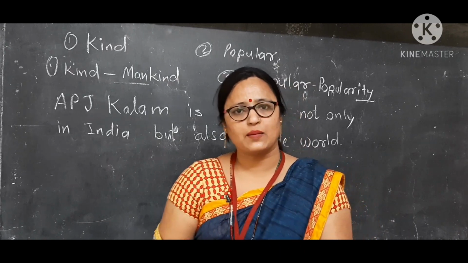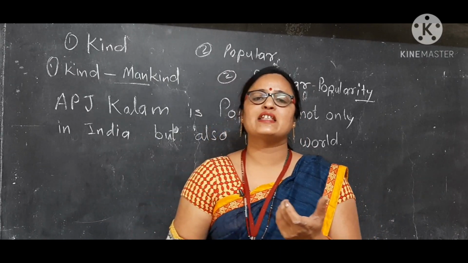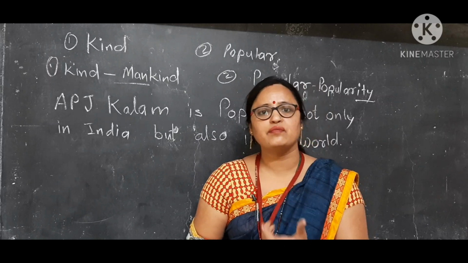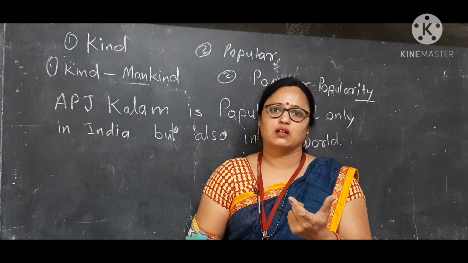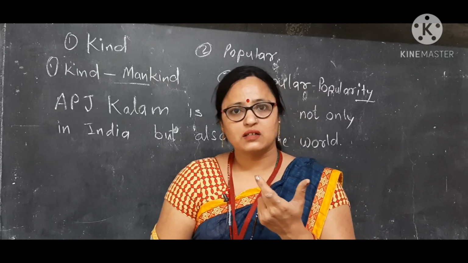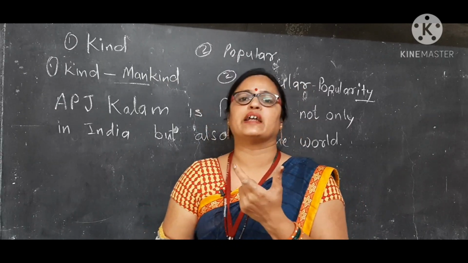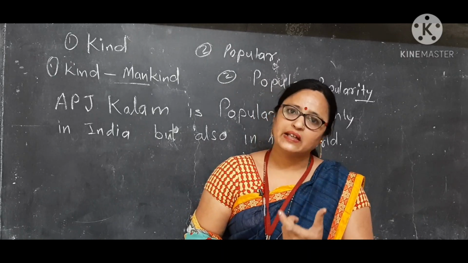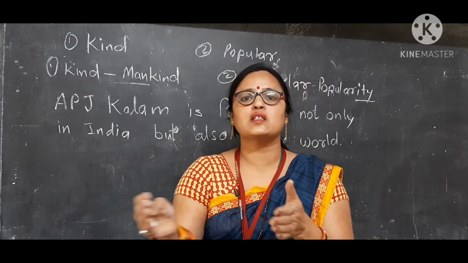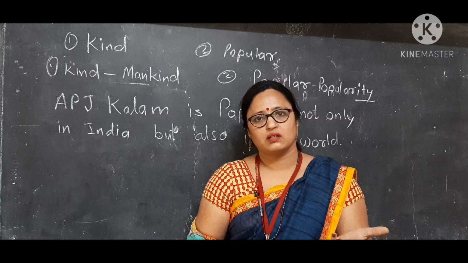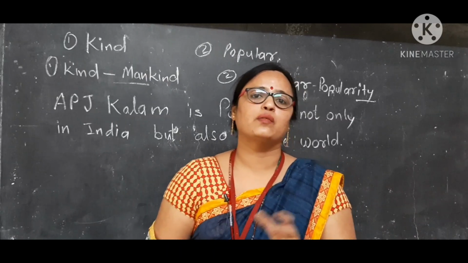For more examples, child is a word, and if I insert ish in child, it will be childish, and childish is modifying the meaning of child, which is not the antonym of the word child.